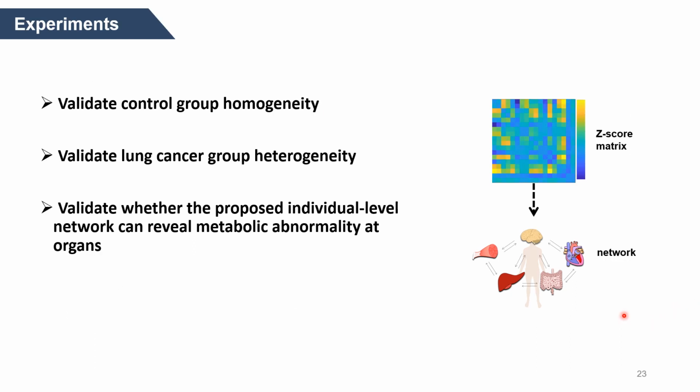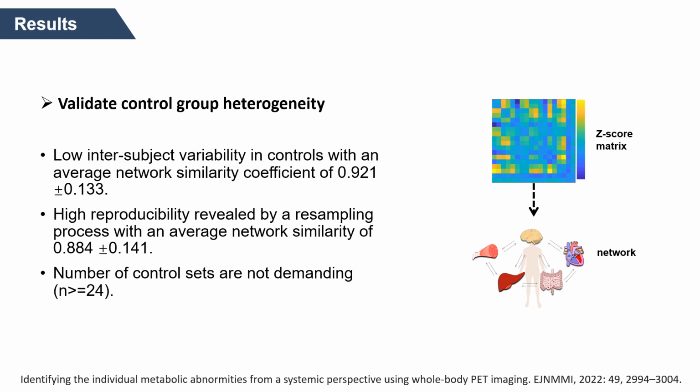Before we apply this approach to patient datasets, we first need experiments to validate its reliability and reproducibility. There are three aspects to look at. First, we want to validate the homogeneity of the control group.